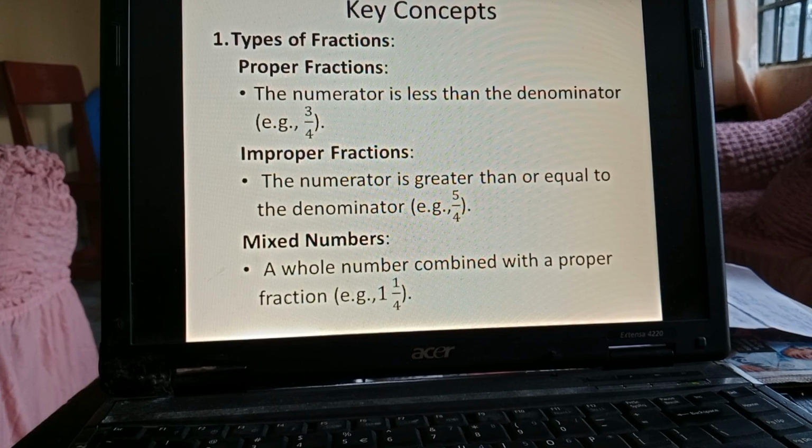Mixed numbers are types of fractions where a whole number is combined with a proper fraction. E.g., 1 and 1 over 4, or 1 and a quarter.